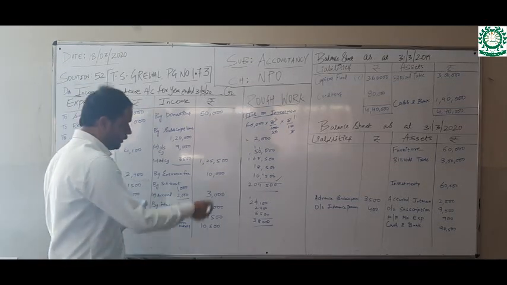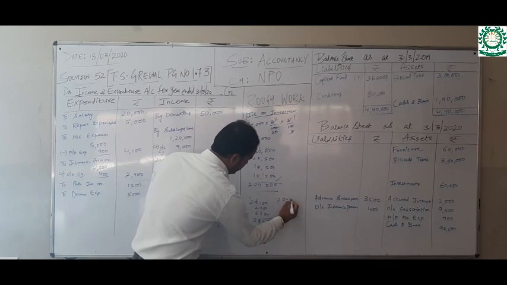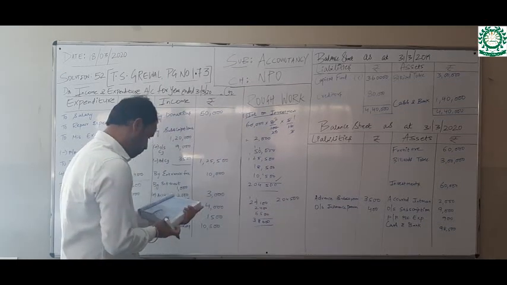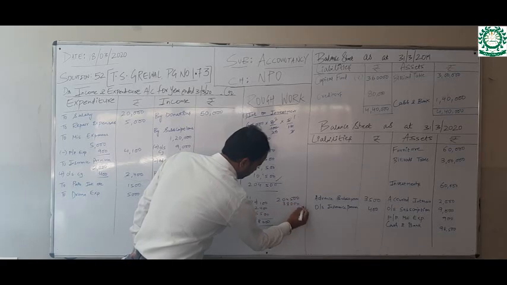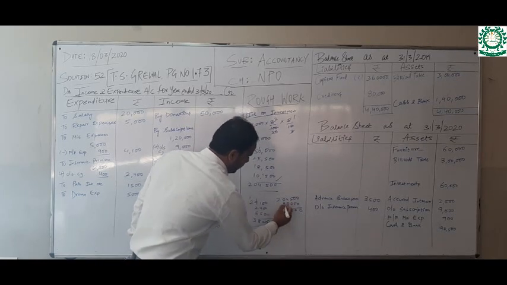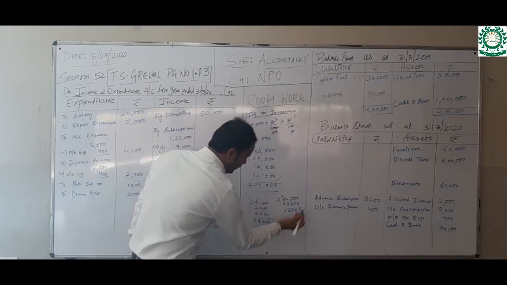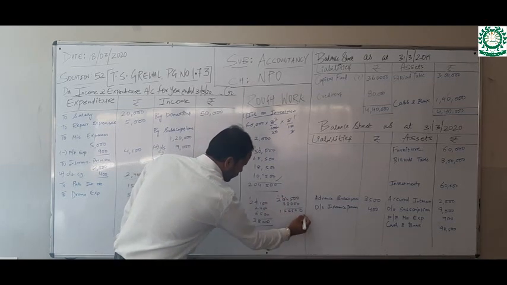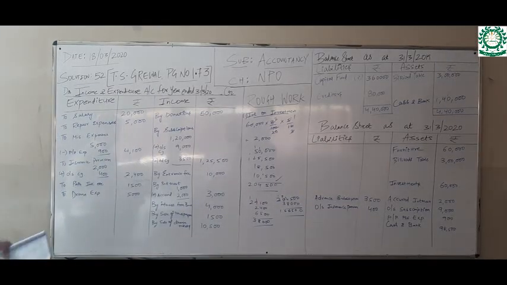So deducting the expenses from the income, that is 2,04,500 minus 38,000. 0, 5, 14, so that means 6, 9, that means again 6 and 1. So we do have surplus of 1,66,500.